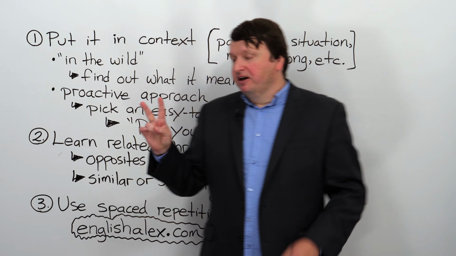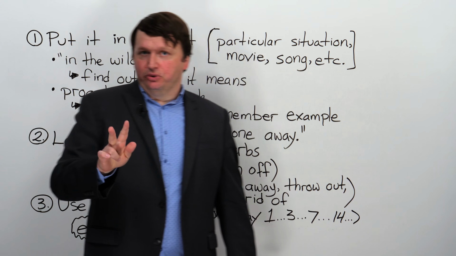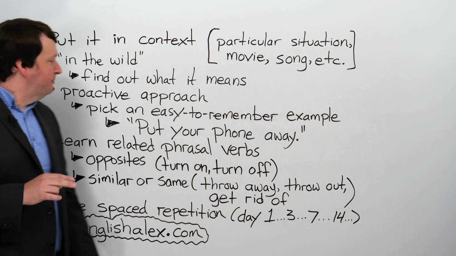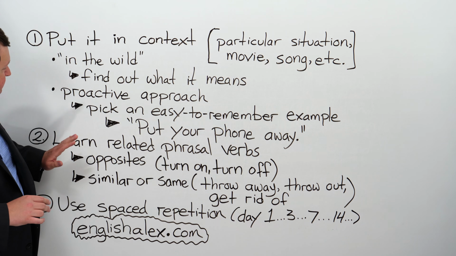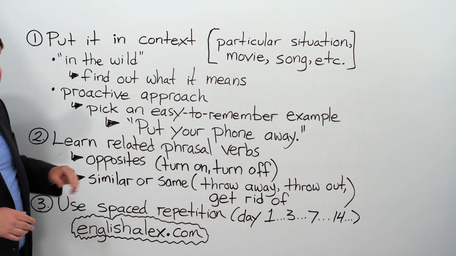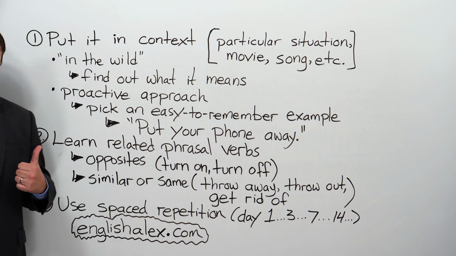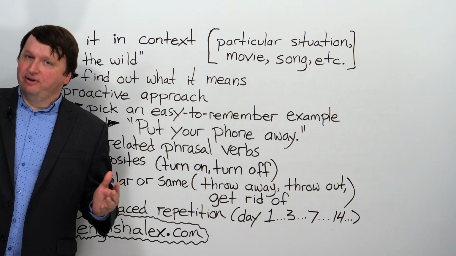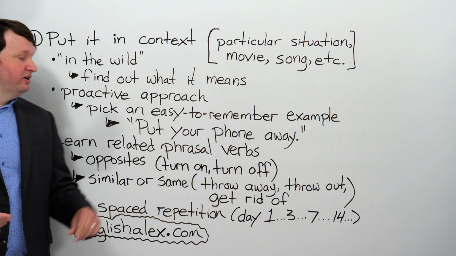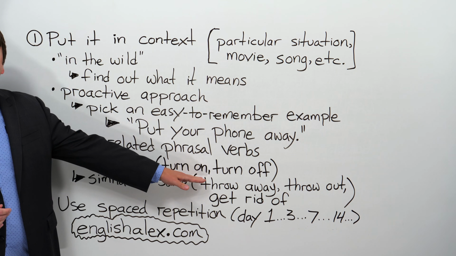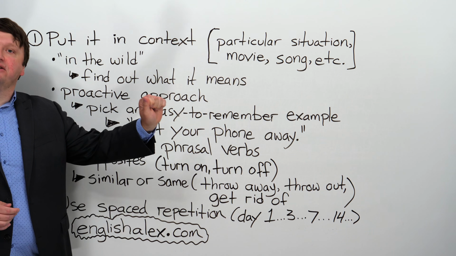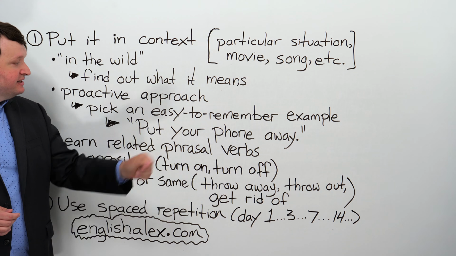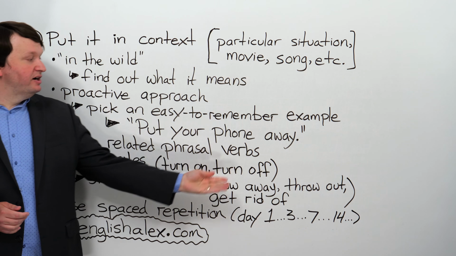Number 2, learn related phrasal verbs. Okay, so for example, I've given you some easy examples here. So learn the opposites of the phrasal verb that you're learning if an opposite exists. They don't always exist, but sometimes they do. For example, turn on, right, to activate something, turn on a switch, a light, a computer, turn off.